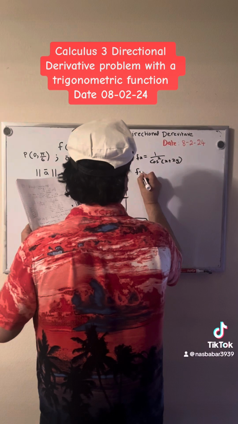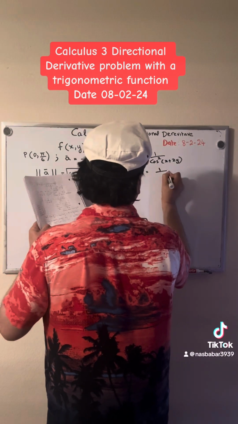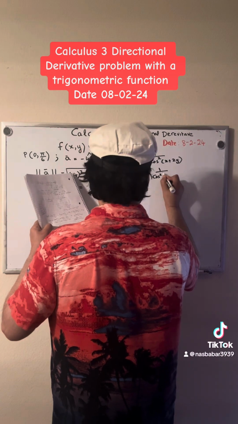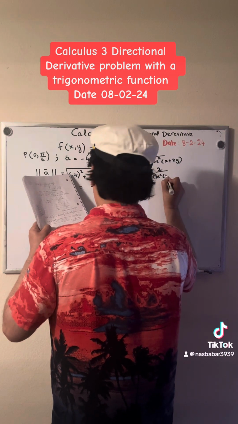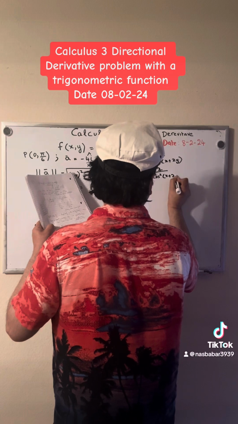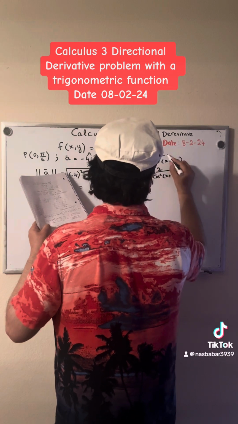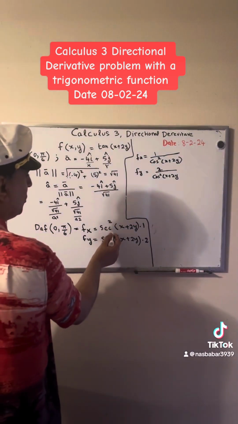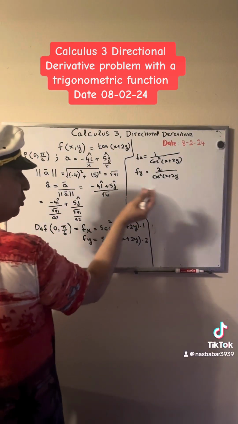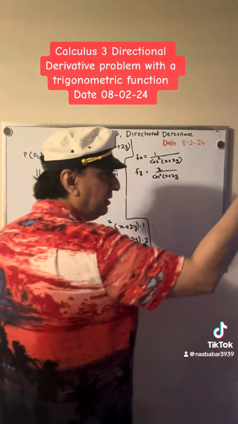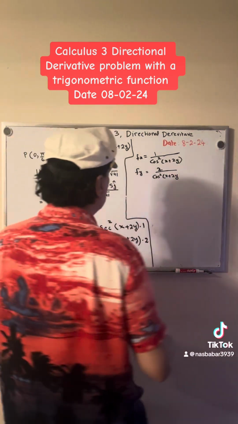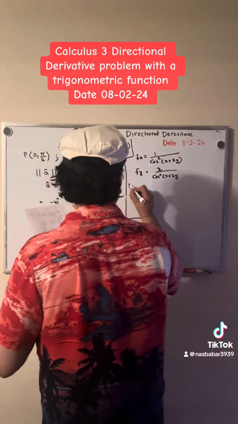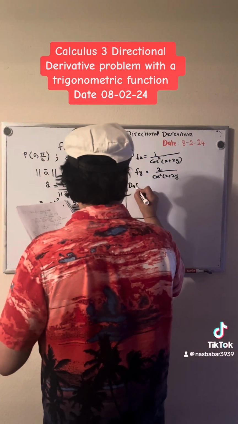And then fy is equal to 2 over cosine squared of (x + 2y). Basically all I'm doing is taking the reciprocal, like I showed you in the chart I drew last time.